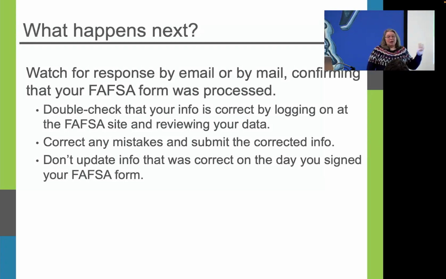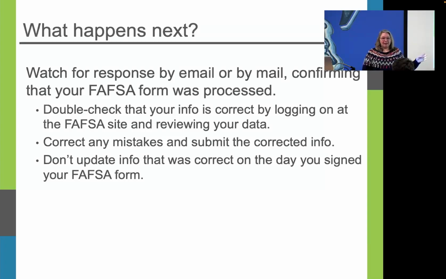And then another thing, there are things that ask as of today. What is marital status as of today? Any of those, do not update any of that information if it was correct as of the day you filed the FAFSA. For instance, say your FAFSA parent is divorced, and you do the FAFSA, and 2 months later your FAFSA parent gets married.